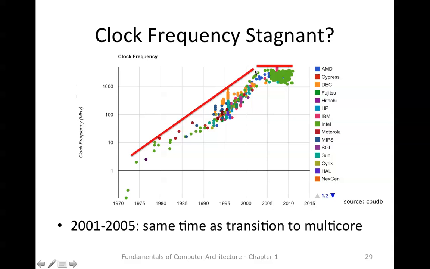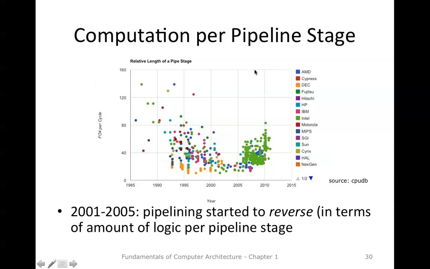Now let's look at the impact of the stagnant clock frequency. What happens to the pipeline depth? Okay, here this figure shows the same time frame, but the y-axis is the number of gate delays per pipeline stage. Now we can see that as we approach the 2001-2005 time frame, we have a big decrease in gate delay per pipeline stage.